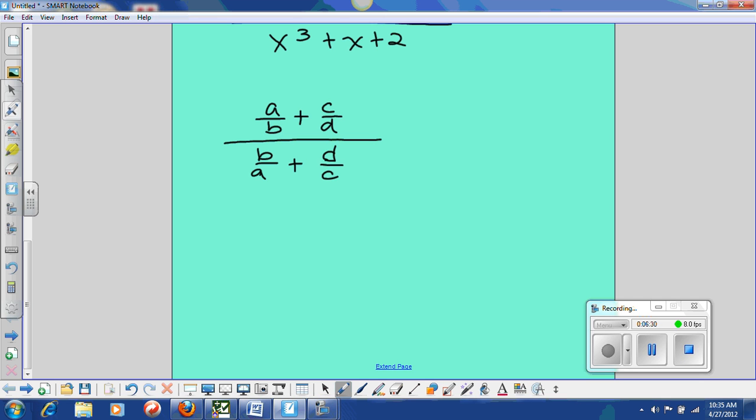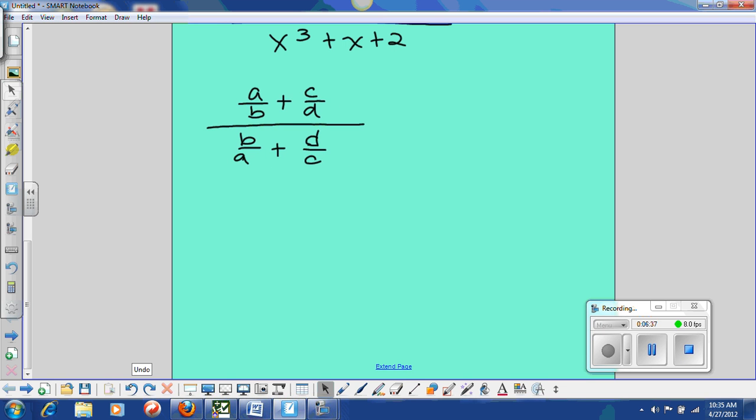We know that this is going to be the same as a over b plus c over d divided by b over a plus d over c.